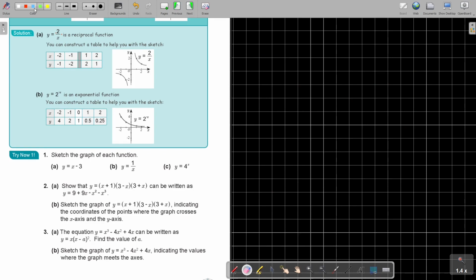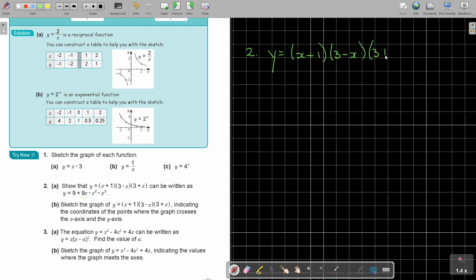Okay, number 2. Show that this cubic function can be written as this. They like bringing algebra a little bit in, but you are good in algebra. So let's just do a little bit of algebra.